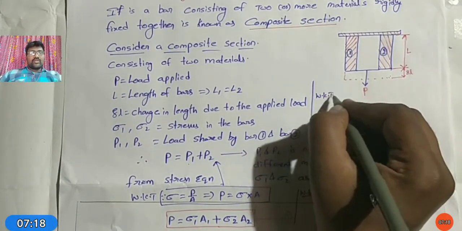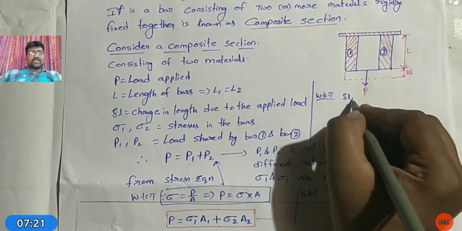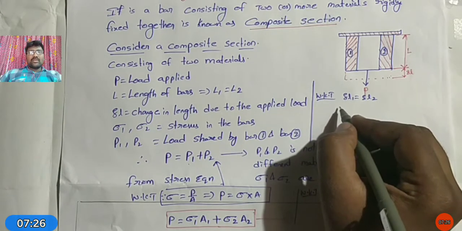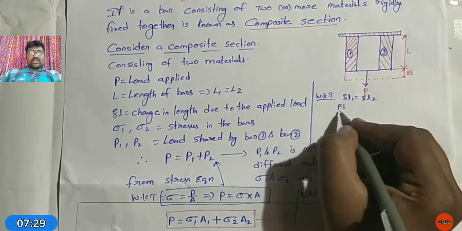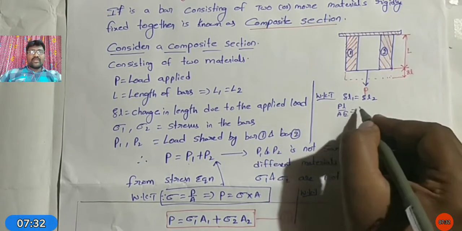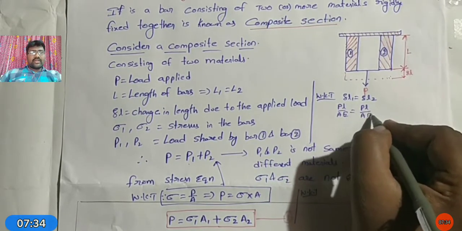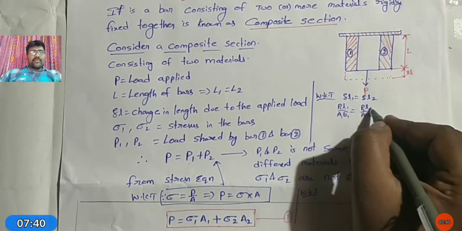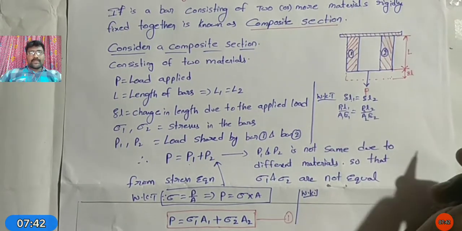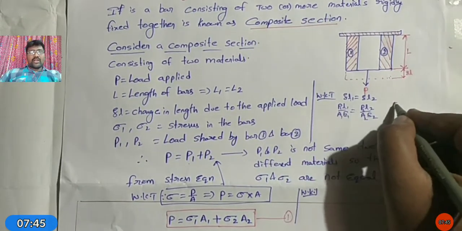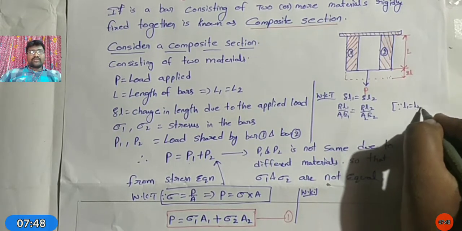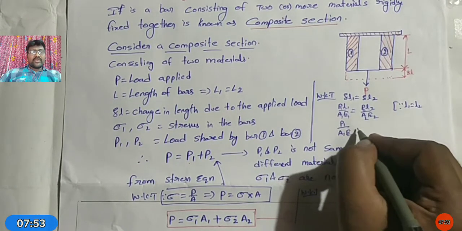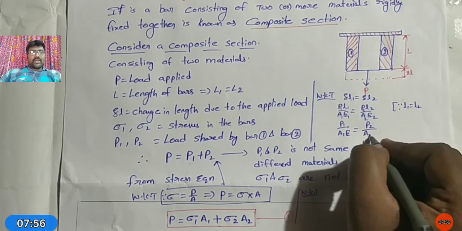Next, we know that the change in length in bar 1 is equal to the change in length in bar 2 due to the applied load, so the change in length equation can be written as PL by AE. For sections 1 and 2, that is P1 L1 by A1 E1 equals P2 L2 by A2 E2. Here L1 and L2 are equal, so the equation can be written as P1 by A1 E1 is equal to P2 by A2 E2.